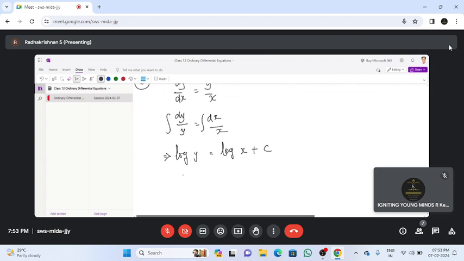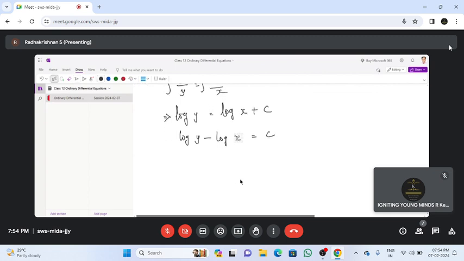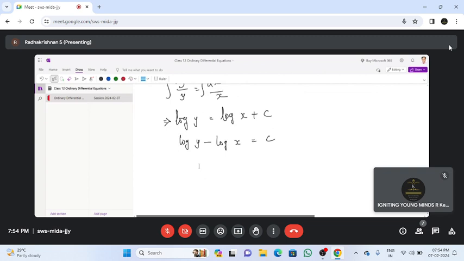How can we do it? Log y minus log x equal to c. That means log y minus log x is log y by x. Okay. Log y by x equal to c.